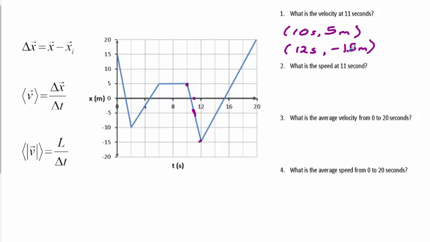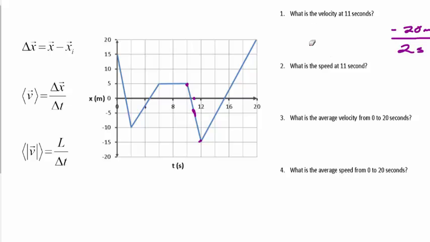It would be negative 15 minus 5 meters, which is negative 20 meters, and then 12 seconds minus 10 seconds, that's 2 seconds. Simplifying that, we find that the slope of this line segment here is negative 10 meters per second.